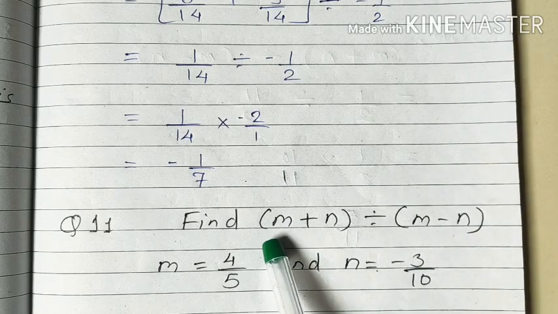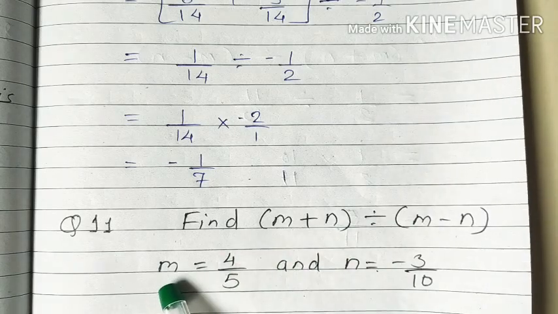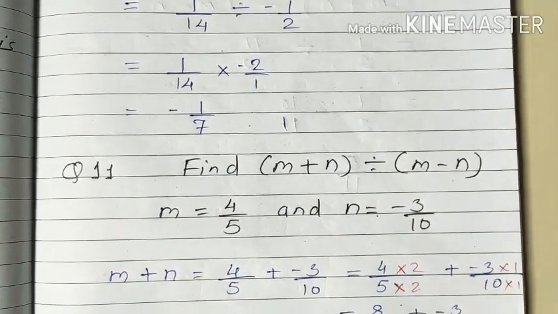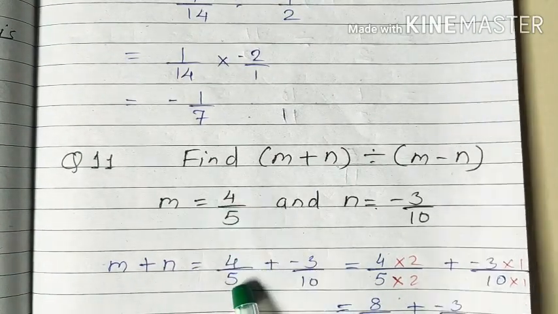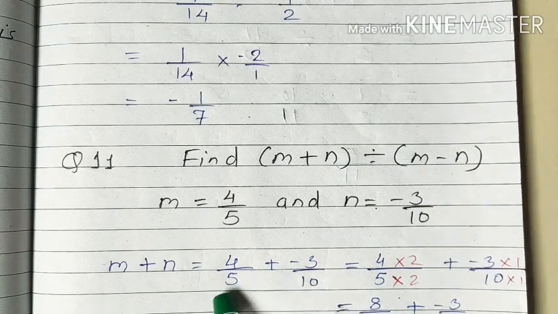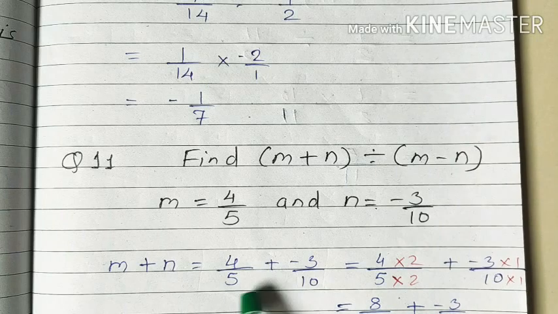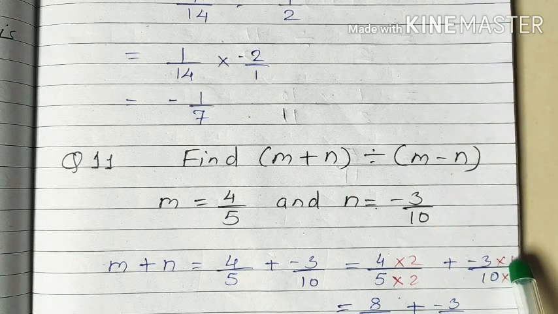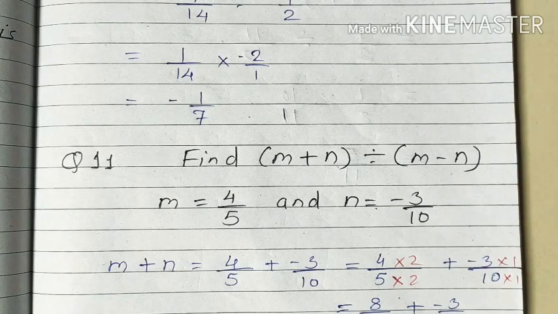First of all, let us find m plus n, meaning the addition of m and n. Denominators are different, so we take the LCM of the denominators, that is 10. 5 is multiplied by 2, 4 is also multiplied by 2, and this is already 10, so we multiply it by 1. 4 2s are 8 upon 10 minus 3 upon 10.